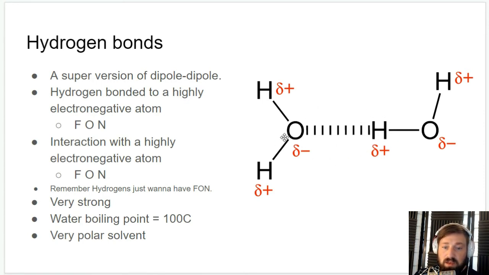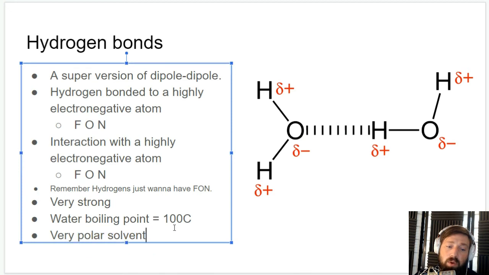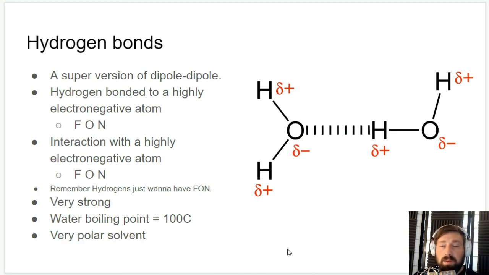This OH hydrogen bond interaction is going to be very strong, very hard to break. Usually if something has hydrogen bonds, it's going to be a very polar solvent. And I'll talk about what polar solvents are in just a little bit.